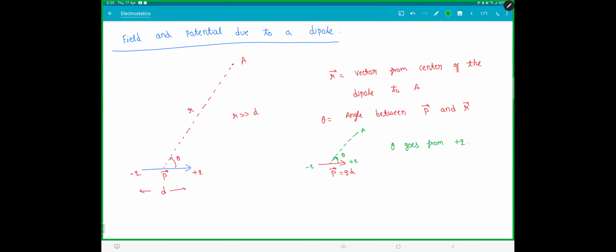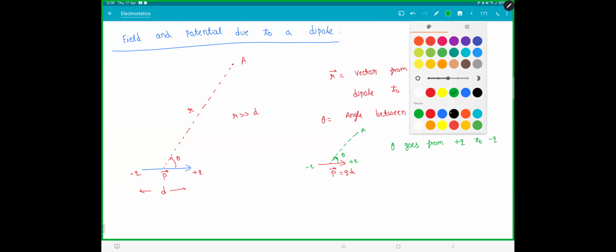Theta goes from plus Q to minus Q. Okay? Let's see how to calculate this.